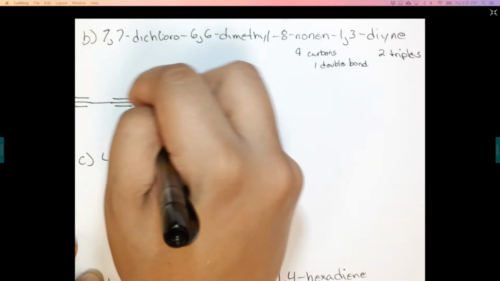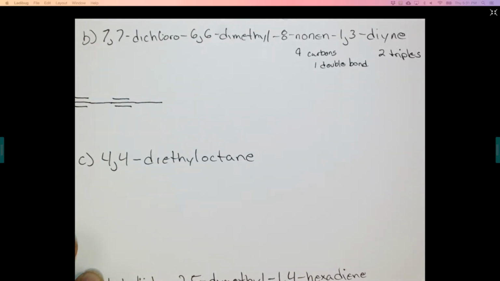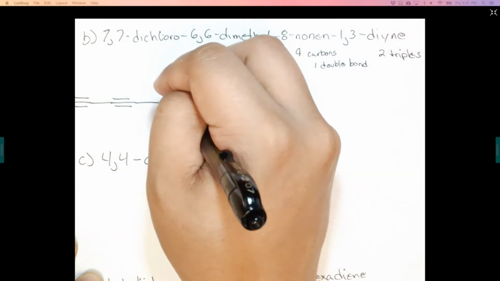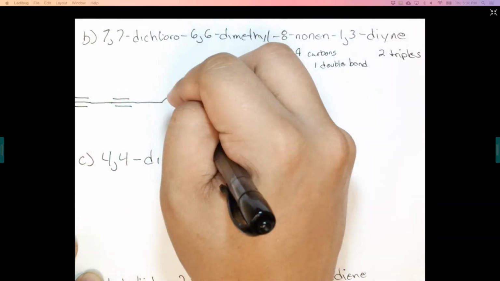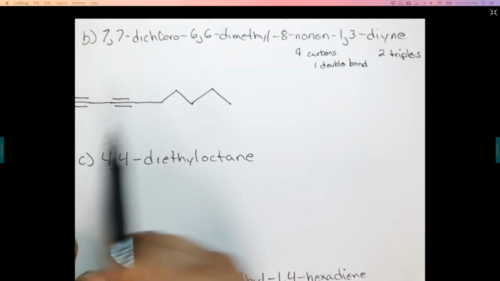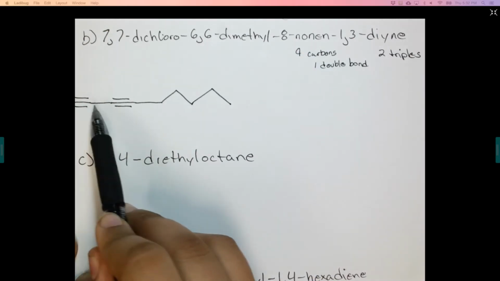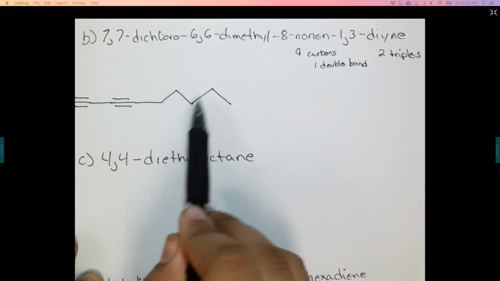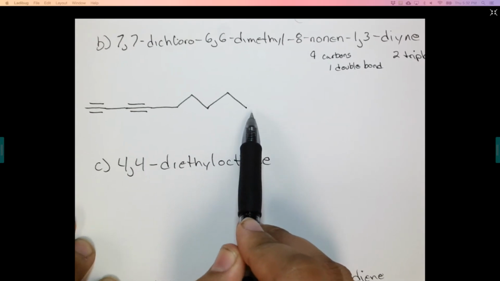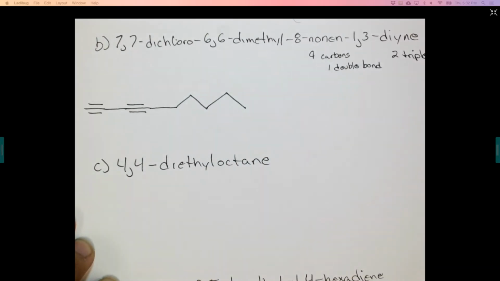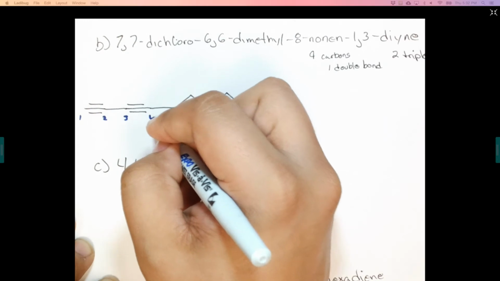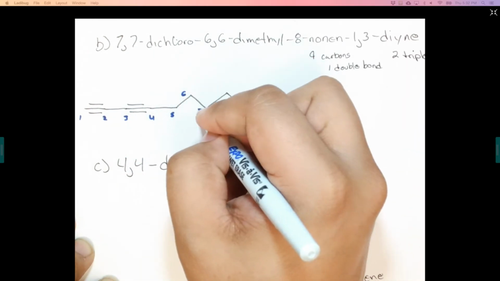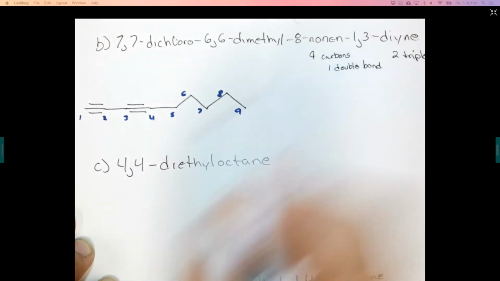After that, we can go back to what you expect to see, because we don't have any more triple bonds, so we should expect to see kinks until we get to 9. So we got 1, 2, 3, 4, 5, 6, 7, 8, 9. We got 9 carbons. Let's go ahead and number them.